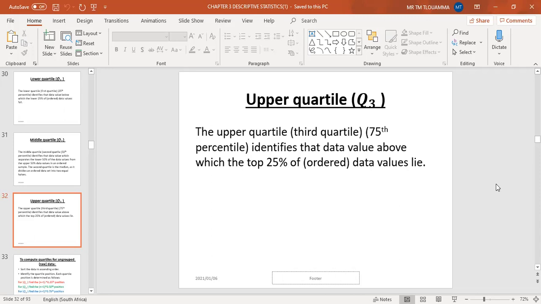In the top 25% of the ordered data values. Okay, that will be our upper quartile, which is Q3. I hope you understand so far.